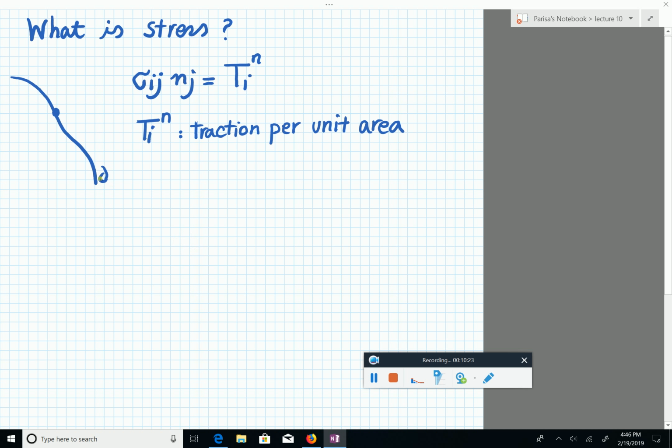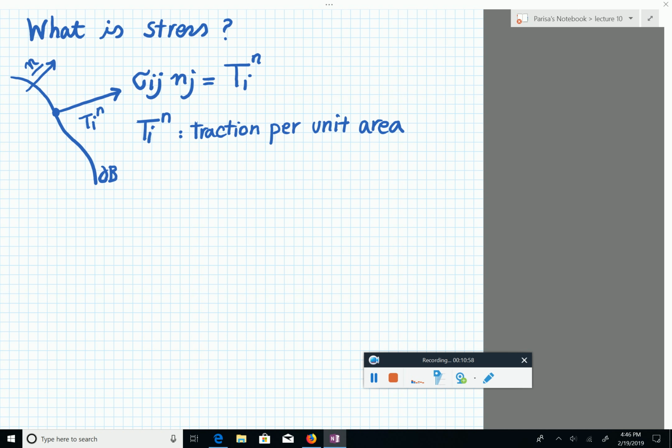We always used delta B. And here is, for example, a traction. And we use the normal to the surface, n, to define the direction of the boundary like that. So traction, T(n), is force per unit area.